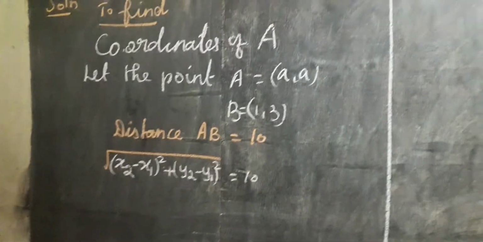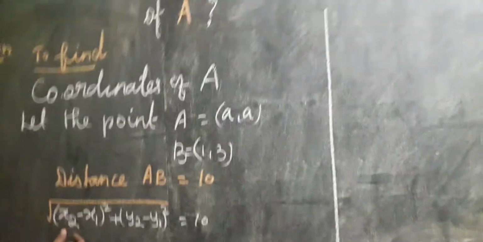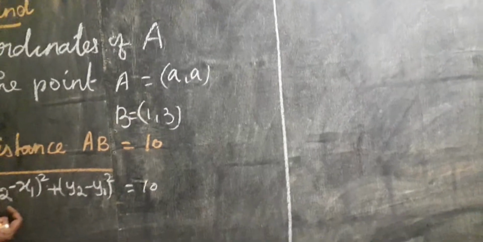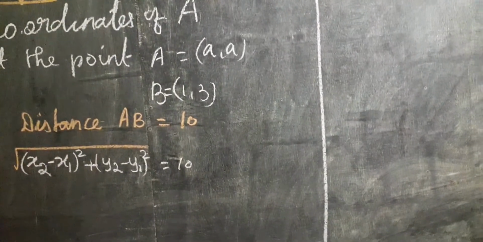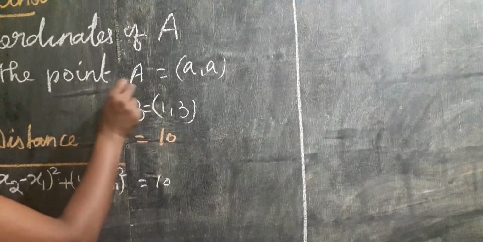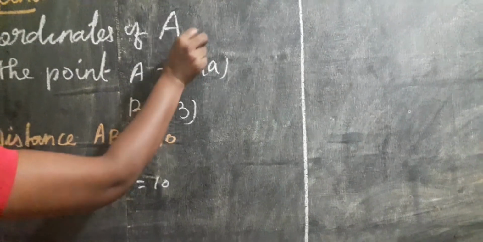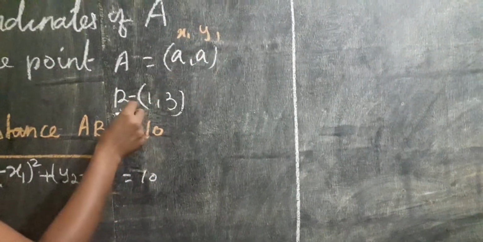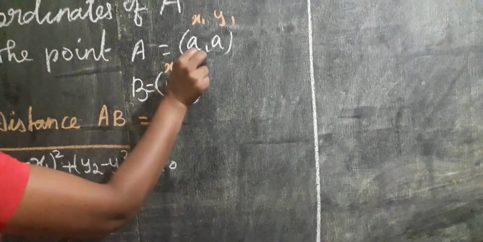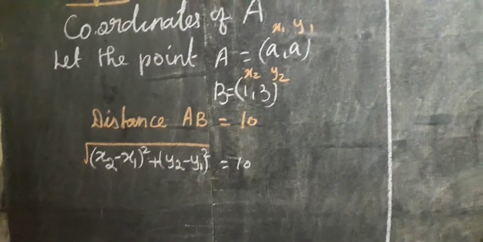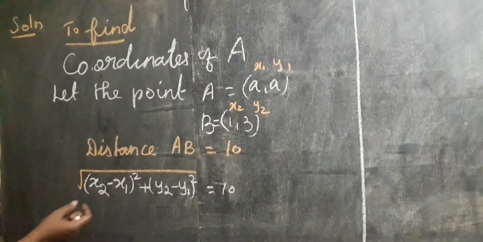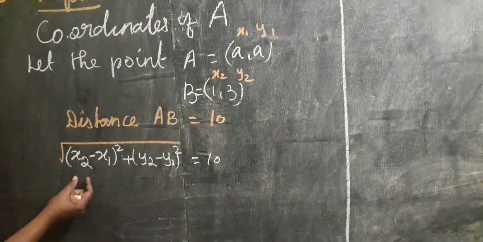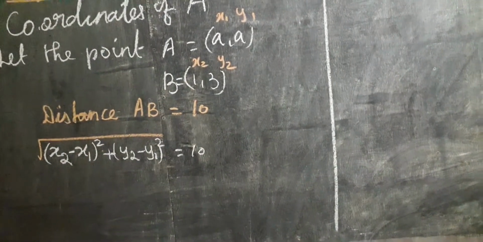Then we have to apply the values for x1, y1, x2, y2. A value is x1, y1 and B value is x2, y2. What is the value of x2? x2 is equal to 1.